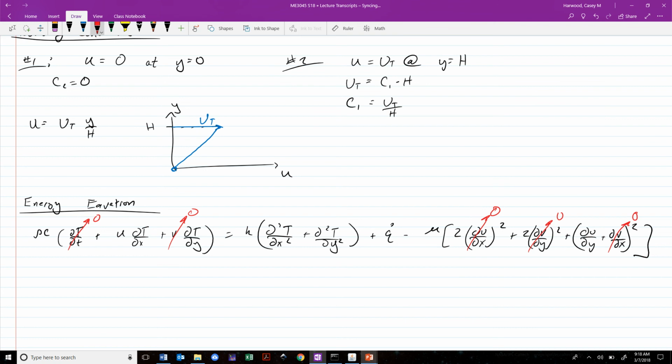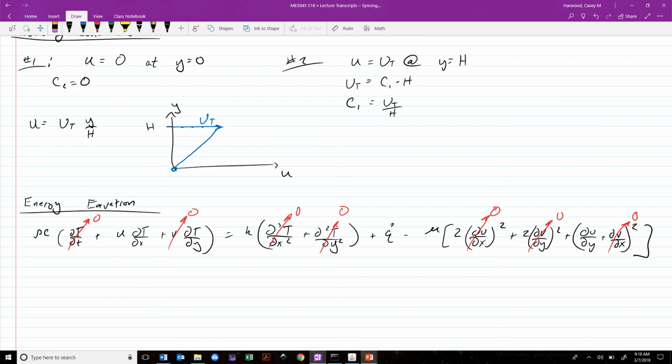We've said that the temperature is a function only of x. So any variation of temperature with y goes to 0. Oh, sorry. No, we said temperature is only a function of y. So any variation of temperature with x goes to 0.